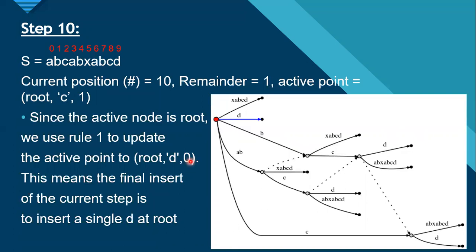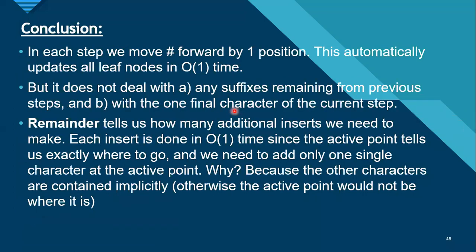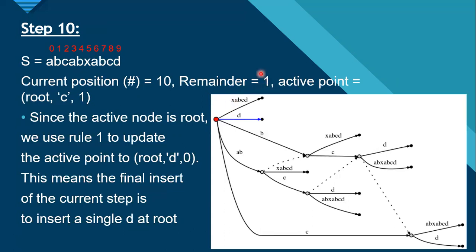And this means that the final insert will be made directly to the root, creating this new edge D. And finally, after this step, the remainder will be 0 because we just inserted a new node and our algorithm is done.